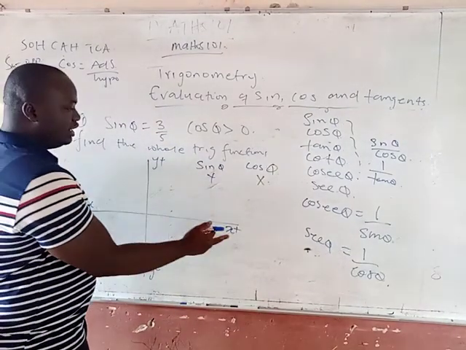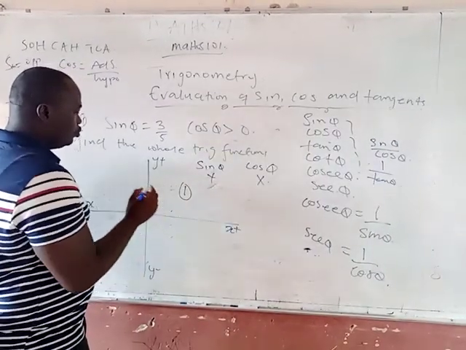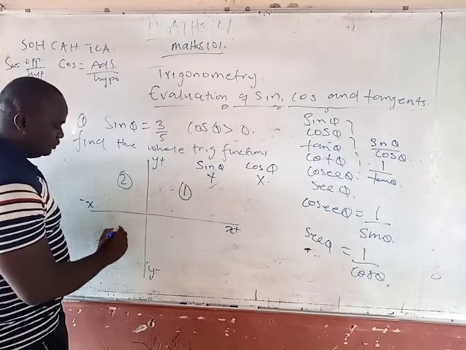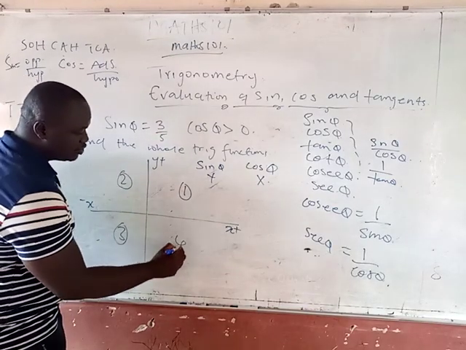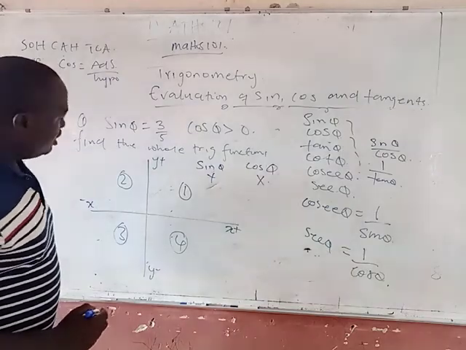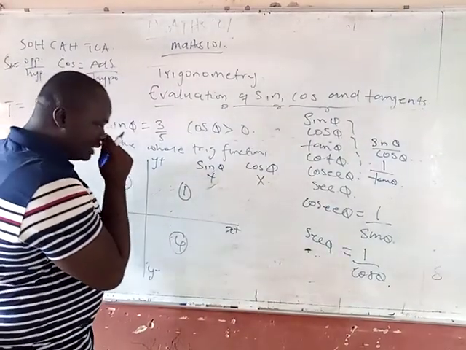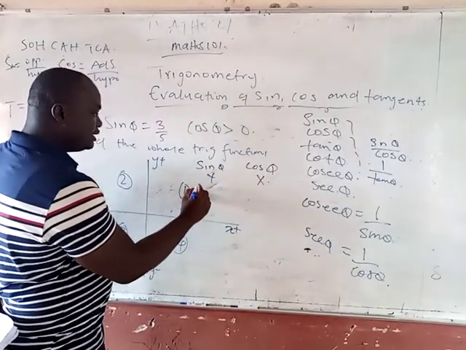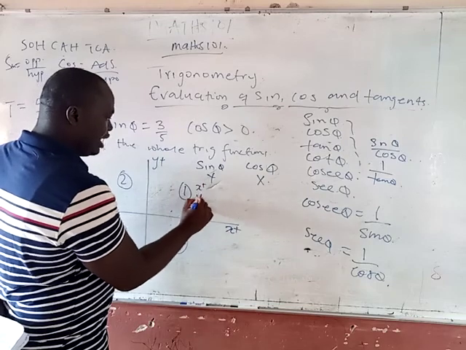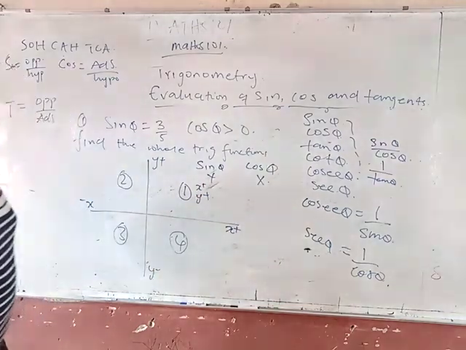You can see under this, this is quadrant 1, here is 2, here is 3, and here is 4. Now under quadrant 1, you can see that both x is plus and y is plus.